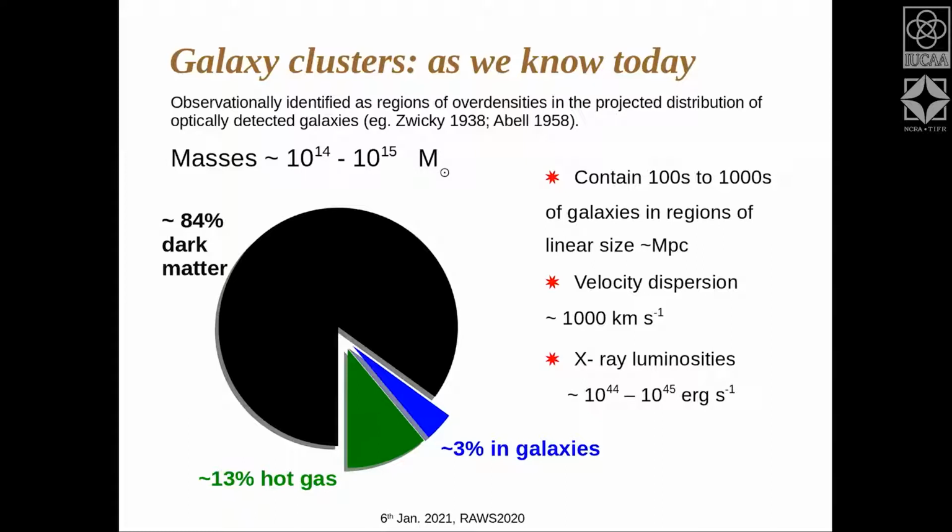And among the baryonic matter, most of it is hot gas or plasma, and only a few percent is in galaxies. So this is a rough distribution of the mass in a galaxy cluster among its components.